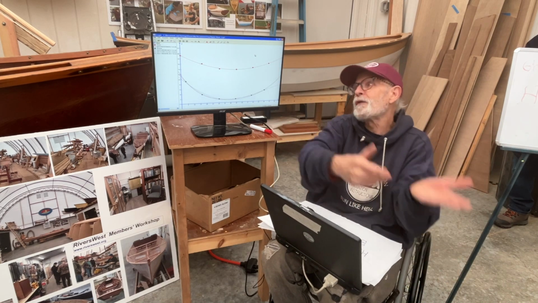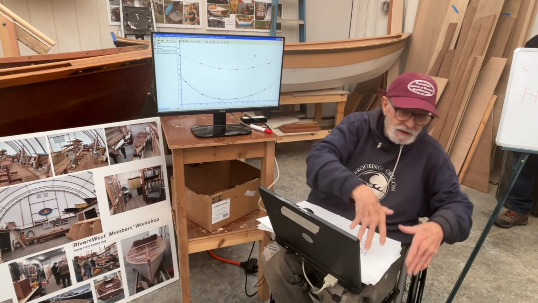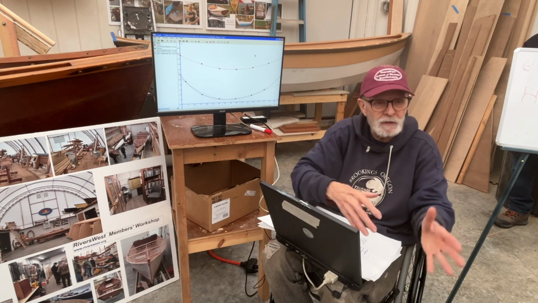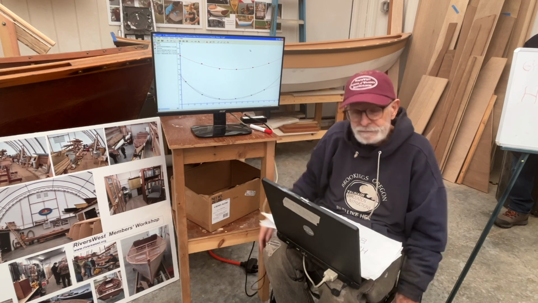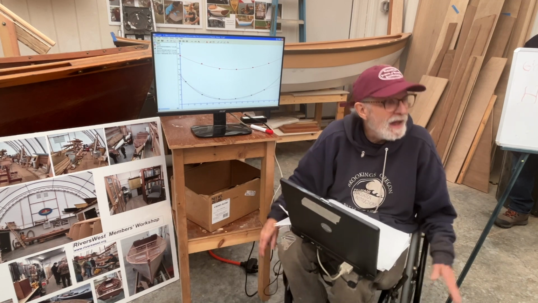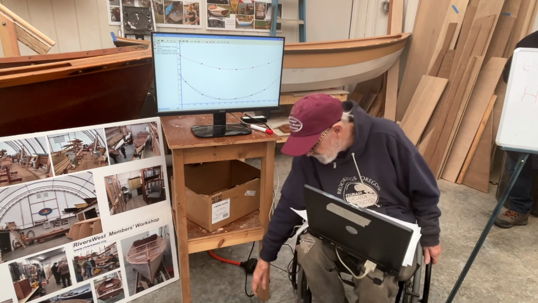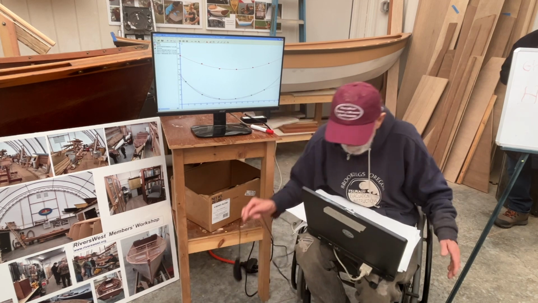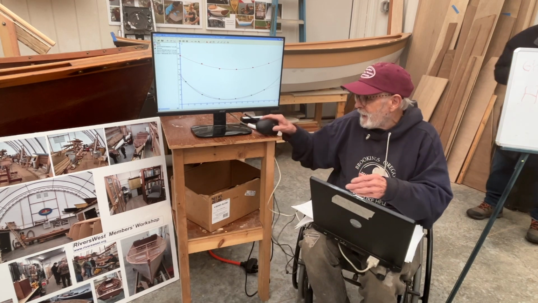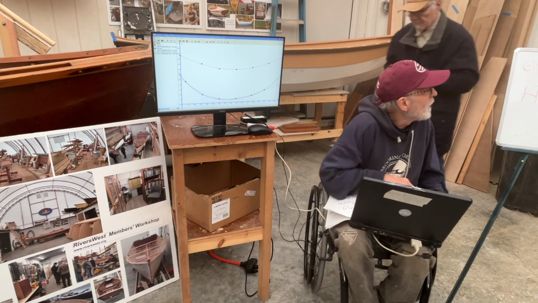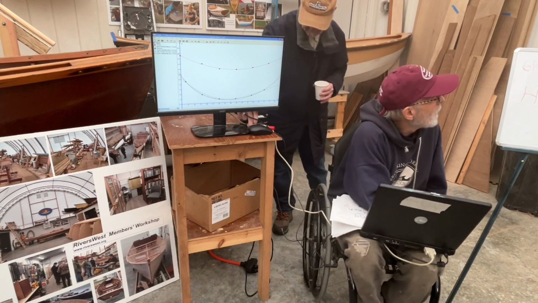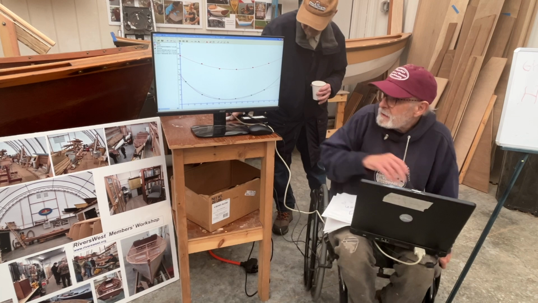Then you can feed those numbers back into your program, and then work from that. So it does all the little corrections for it. And then the whole design program will allow you to produce patterns. Yes.